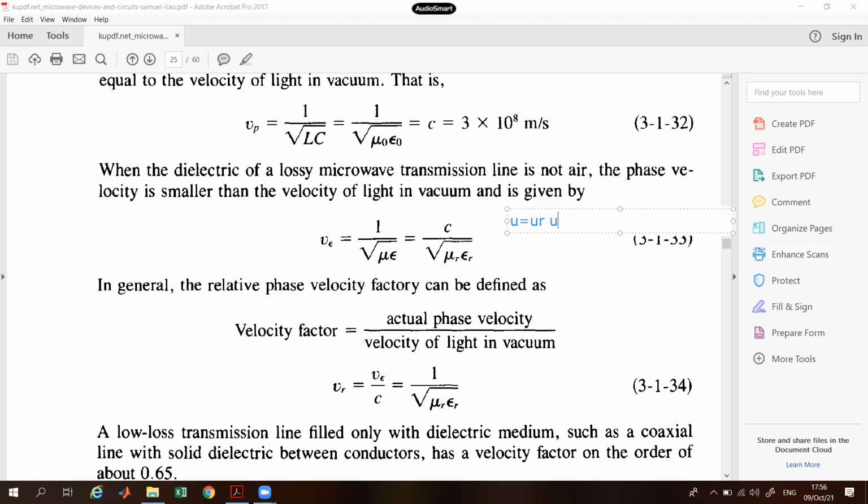And another one is epsilon, which I'm denoting by E, is equal to epsilon r into epsilon naught. So basically, this is your permittivity of free space, and this one is your permeability of free space. And then this is your relative, or you can say it's a constant factor, mu r or epsilon r.